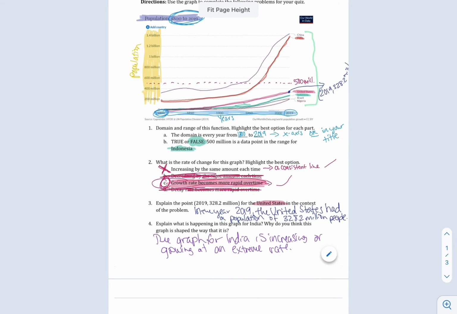Okay. Something else you can note is just any special points along the graph. So the population starts increasing rapidly at 1950, or not at, I'm going to put in 1950.